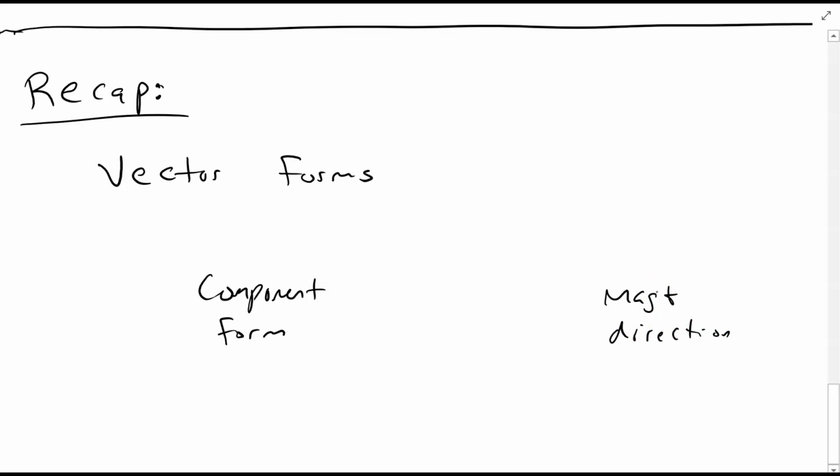All right. So in section 1, we talked about how to convert back and forth between the 2 forms of vectors. There's 2 ways we can represent a vector. One of them is in component form, and the other is with a magnitude and direction.